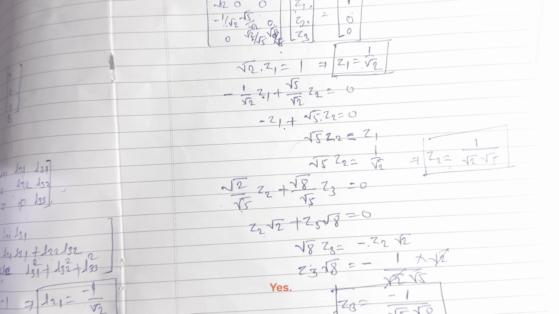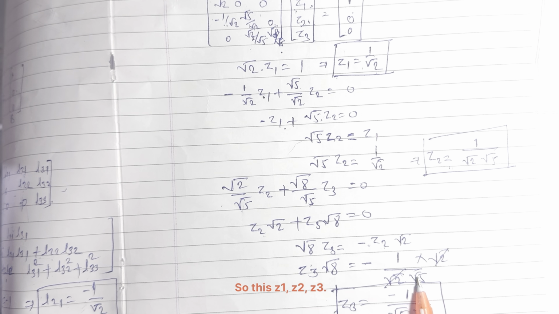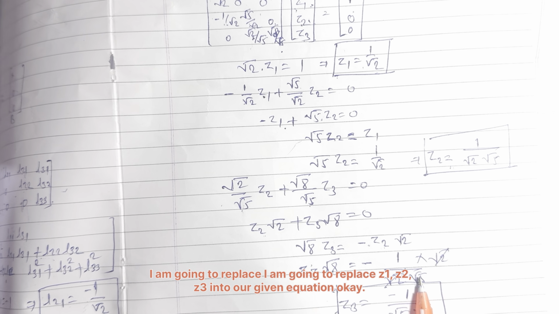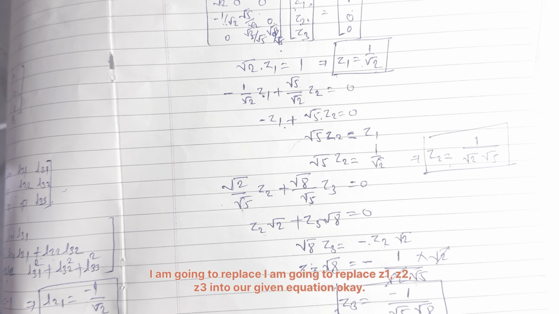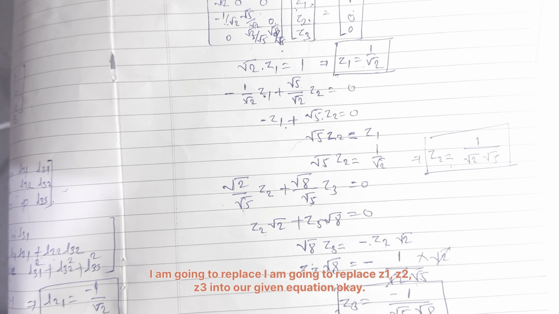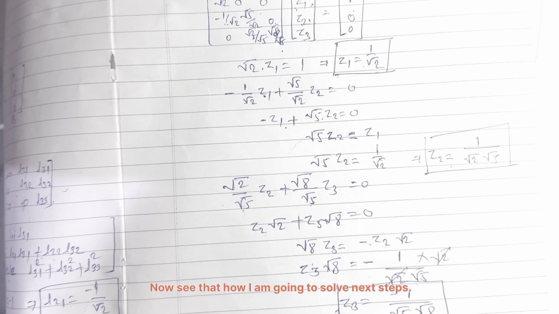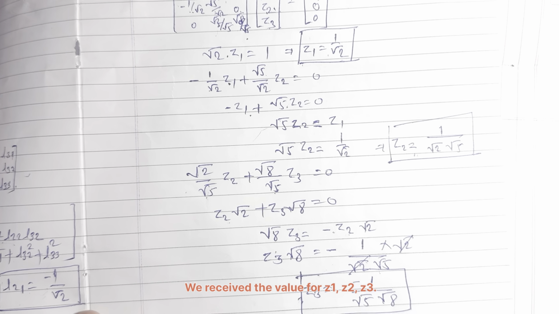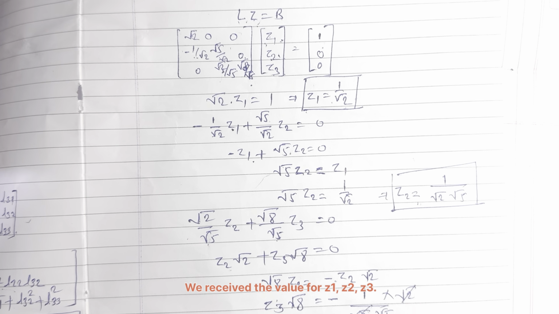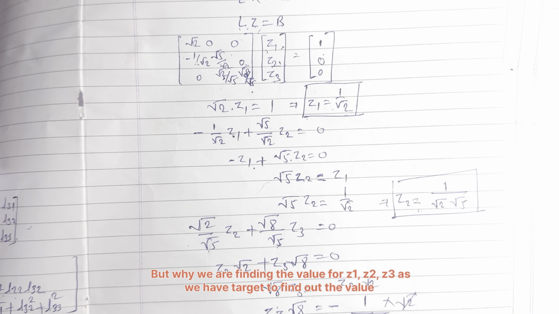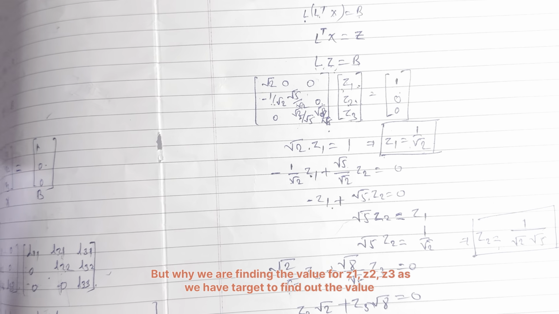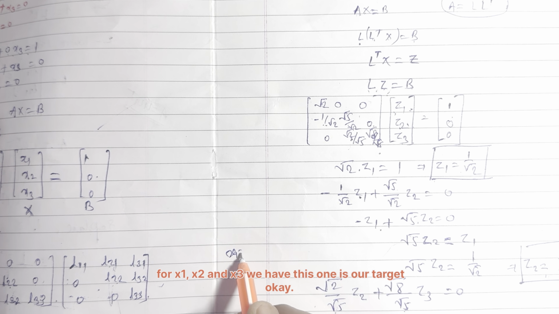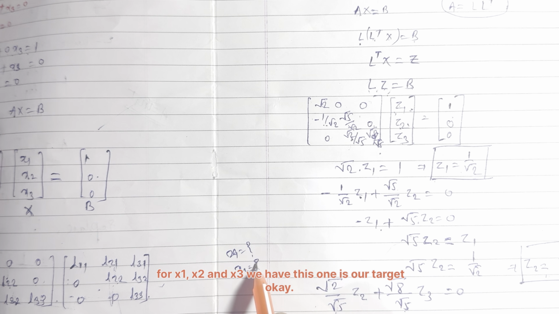Now we are going to replace Z1, Z2, Z3 into our given equation. See how I'm going to solve the next steps. We received the values for Z1, Z2, Z3, but why are we finding them? Our target is to find the values for x1, x2 and x3.